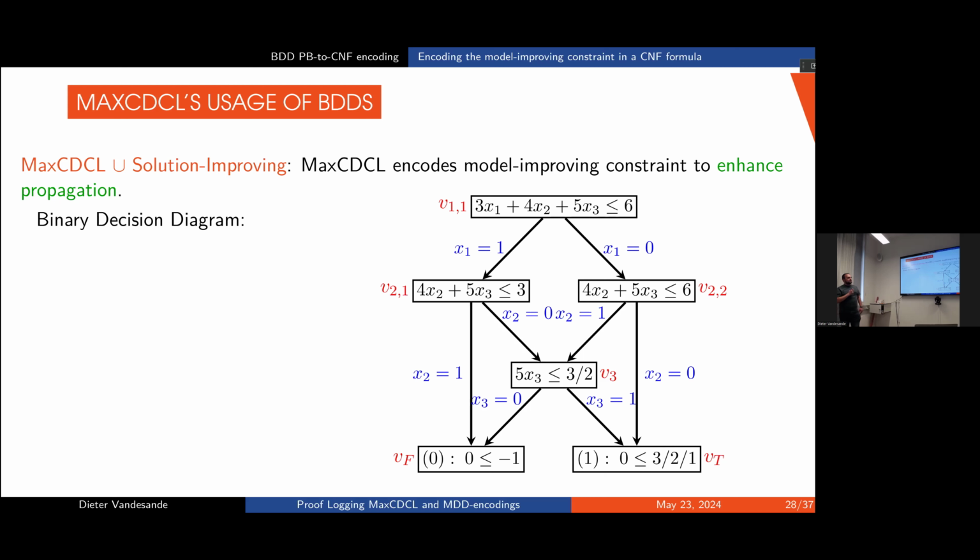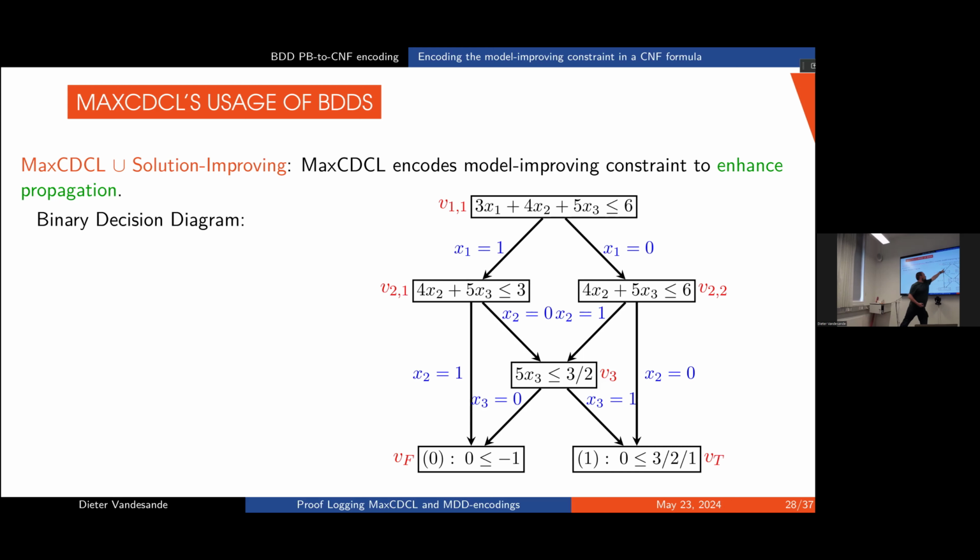So how do I need to read this as a human? Let's say this is the constraint I want to encode, and I will take a look first at x1. If x1 is true, then clearly I still need to look if that constraint is satisfied. If x2 is 1, then I get to the false state.